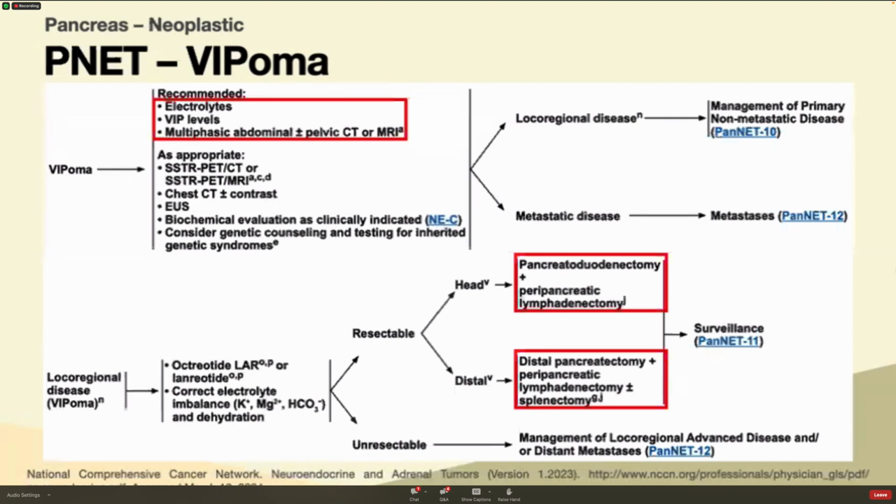So for the workup, we check the electrolytes and the serum VIP levels. Then we request an abdominal CT or MRI. And for resectable disease, for the head we do Whipple's with lymphadenectomy, and for the body and tail we do distal pancreatectomy with lymphadenectomy and splenectomy.